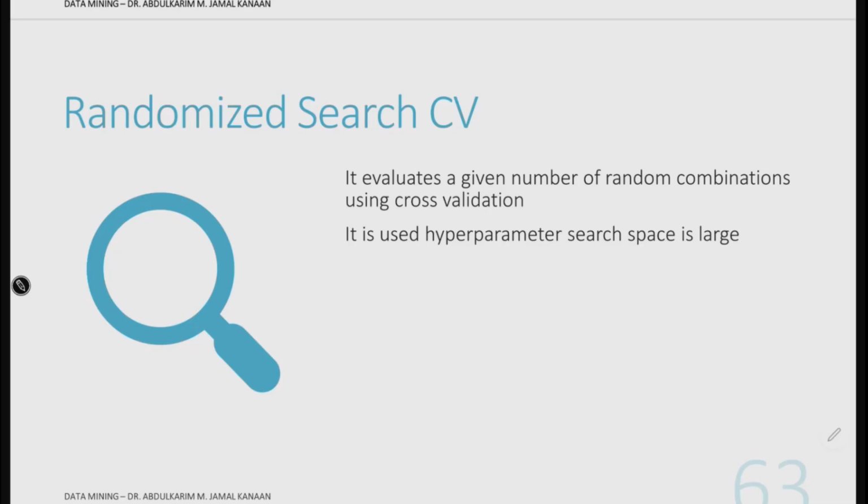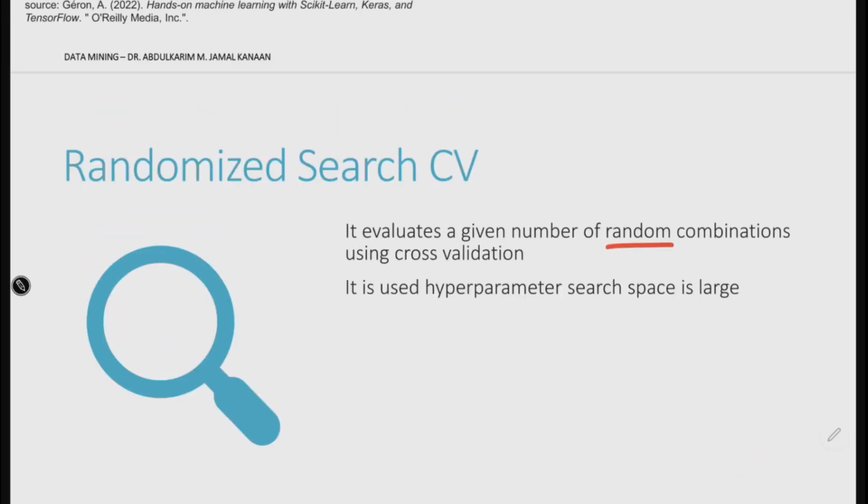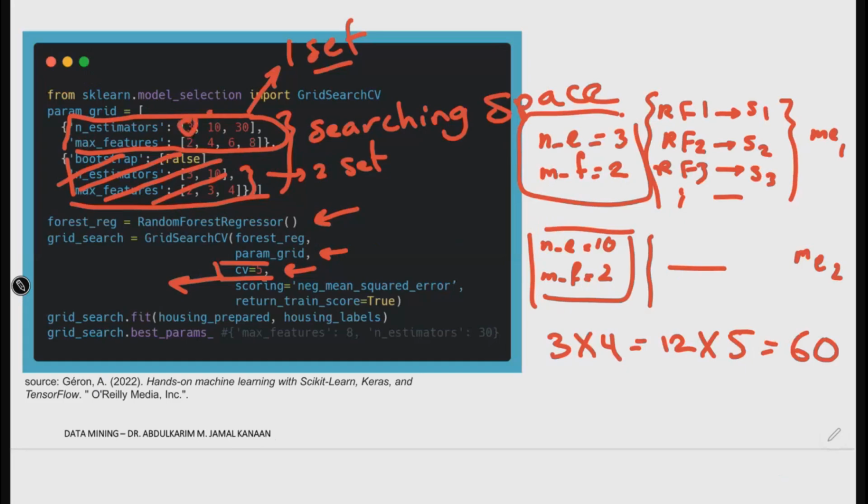Since the word is random, it's going to create random combinations. You just need to provide ranges for the values that each hyperparameter can have, and then randomized search is going to create random combinations following your ranges, and apply cross-validation and so forth. Same as GridSearchCV, except that in GridSearchCV you need to provide every possible value you would like to test your model for. In randomized search, you give ranges.